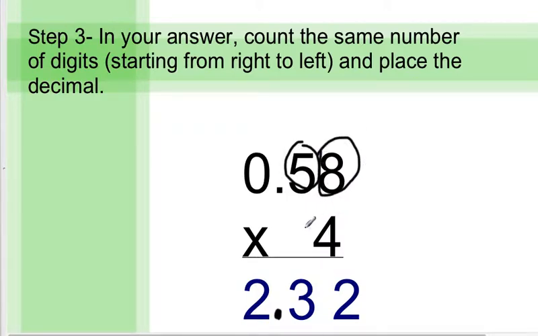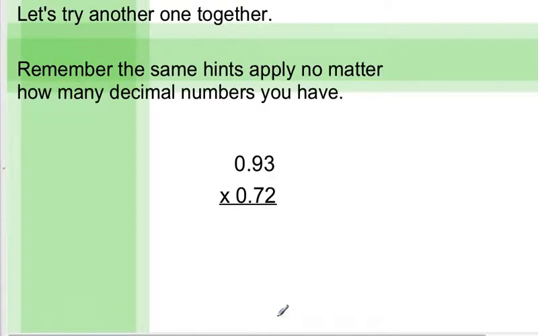There isn't a decimal down here, so we have 1, 2 numbers after a decimal. So I'm going to count over here, 1 number, 2 numbers are after the decimal, and I put it in there. Okay? So let's try one more together.